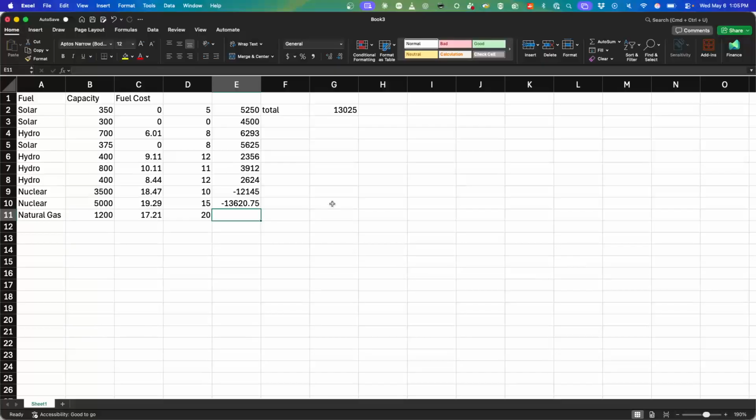Yeah, sorry. Unfortunately, not the optimal bid price. So, can anyone think about what the optimal strategy would be to bid in? It's not 0, right? Because if, let's say, the nuclear plant bid in at 0, they would have lost even more money.